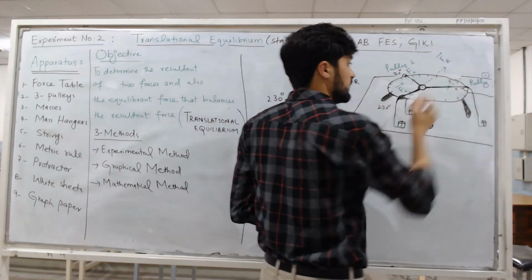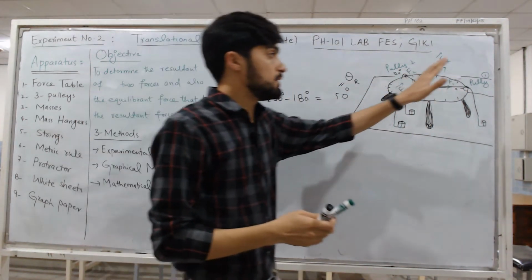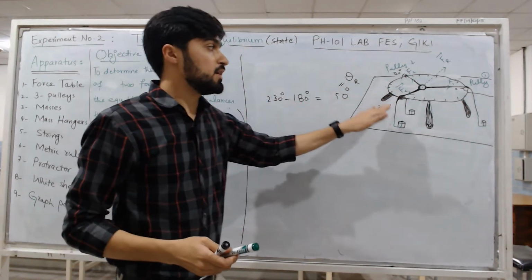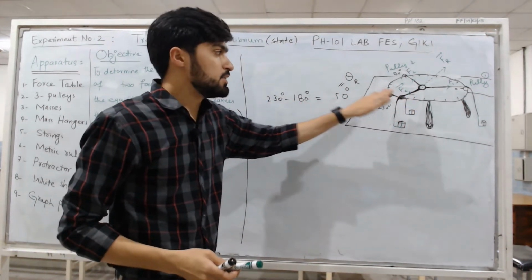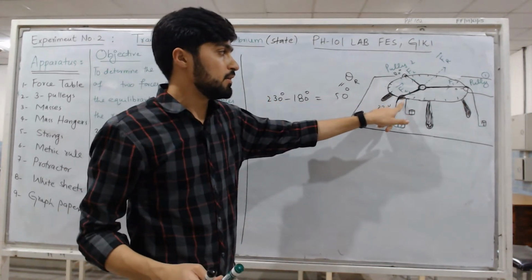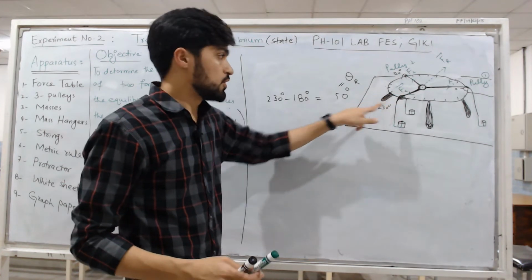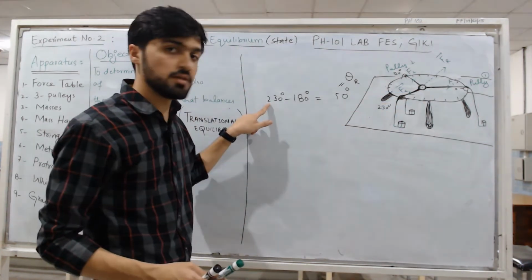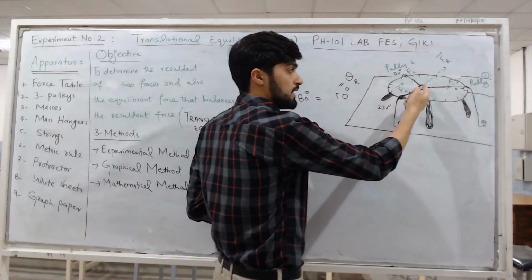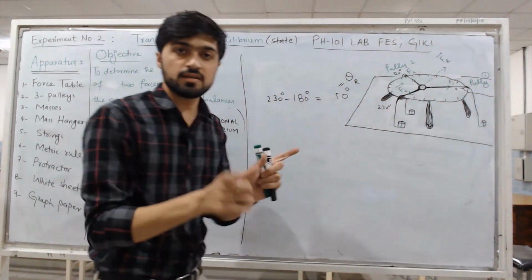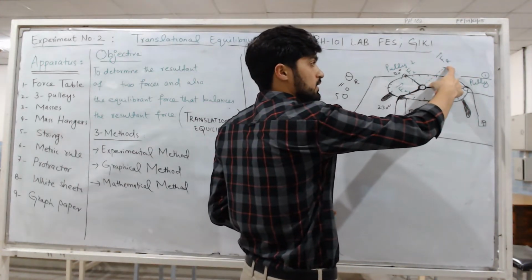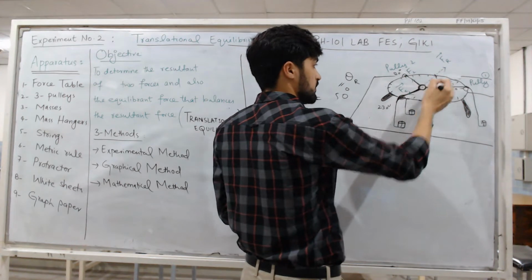So experimentally we can determine the direction of the resultant force simply by subtracting 180 degrees from the angle of the equilibrium force on the force table, because these two vectors are at 180 degrees. So the direction of FR is now 50 degrees.